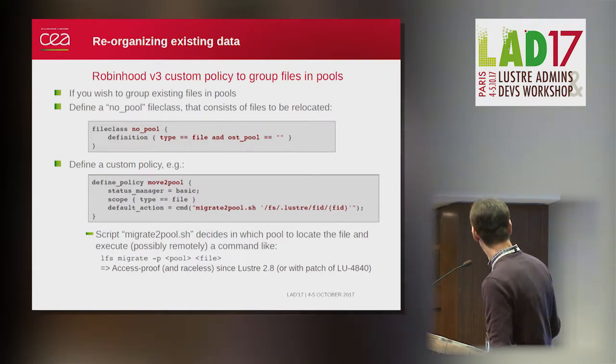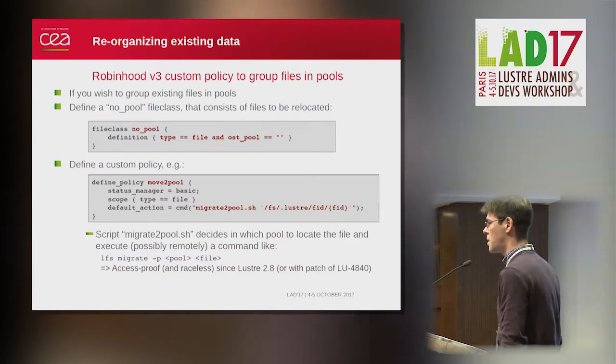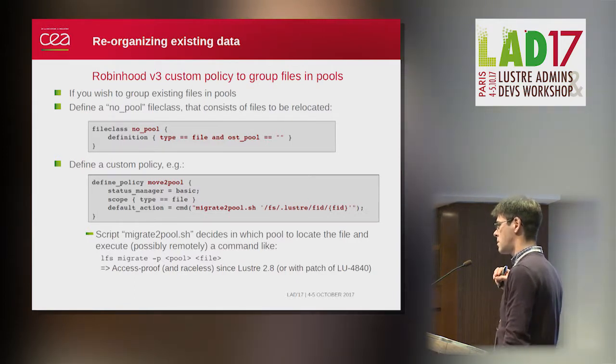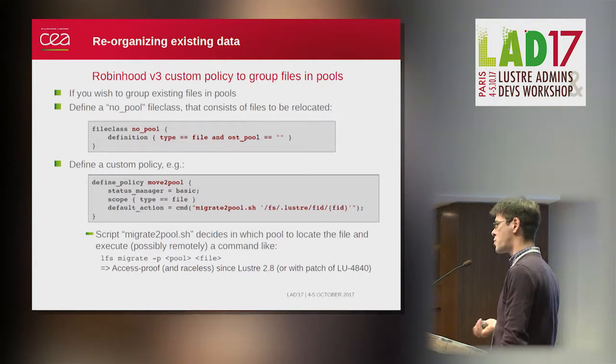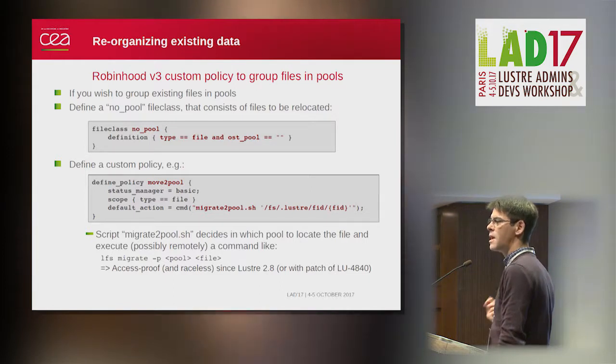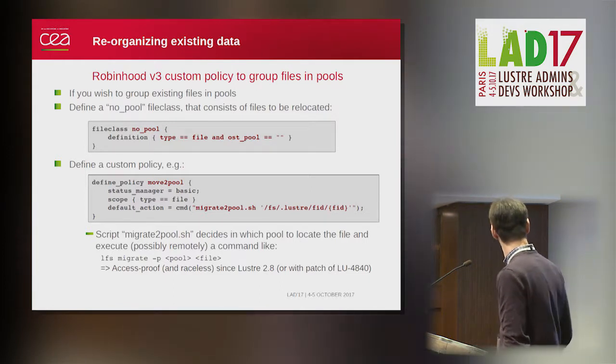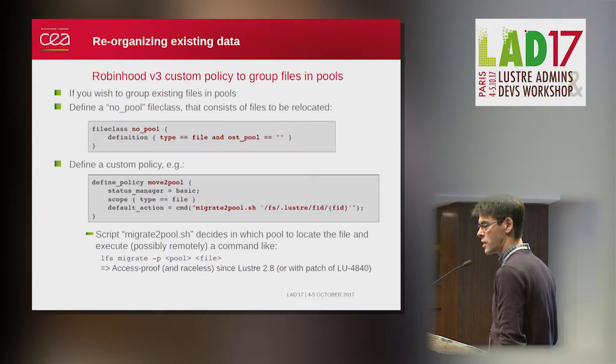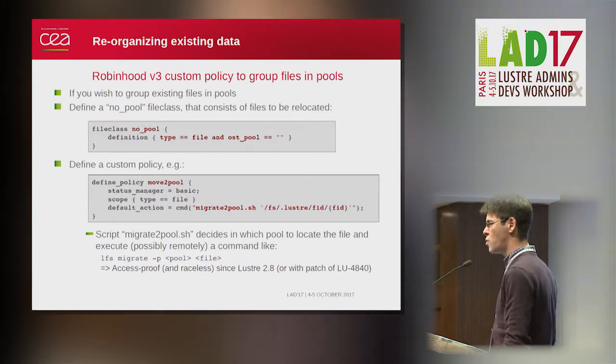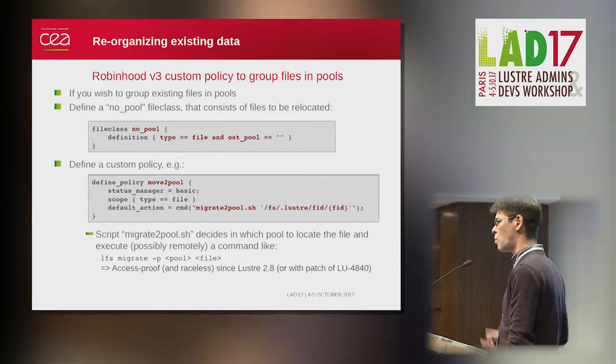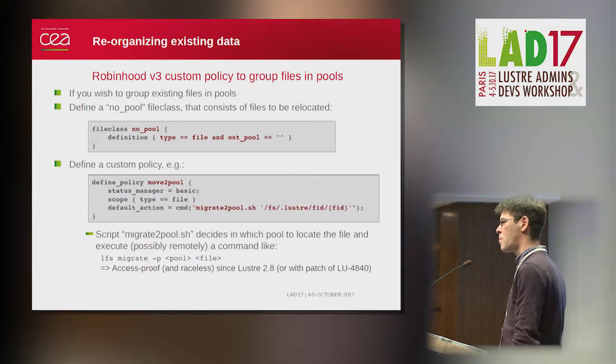And we define here an action which is calling a custom script that will select a pool for this file and trigger and run an LFS migrate command. So you can use LFS migrate -p pool for moving file data from its current location to a given pool.